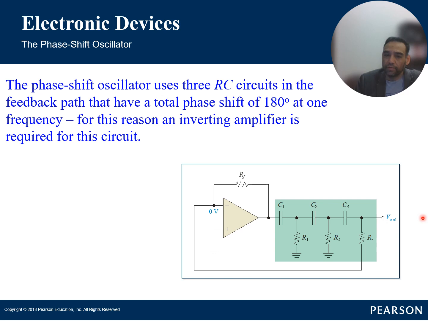So you can see we have 3 duplicates of an RC network there, each one about 60, right? 60, 60, 60. That's going to be 180. And that'll give us the 180 degree phase shift that we need back for the input, right?